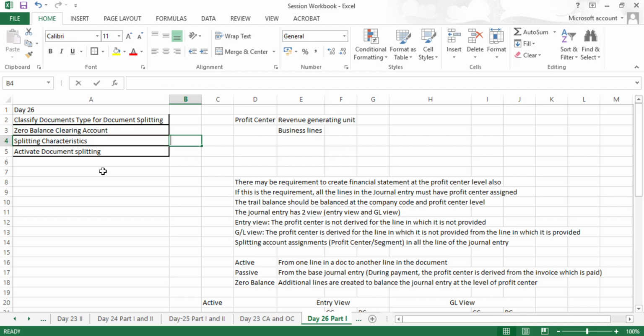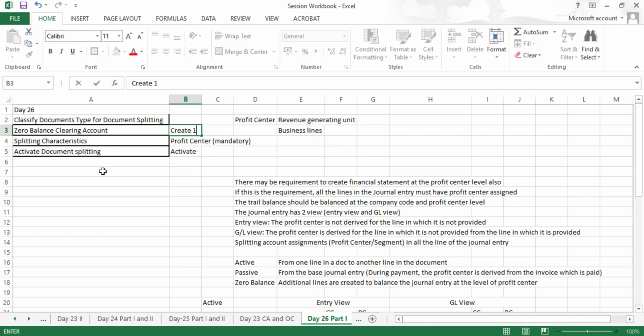In the splitting characteristics, we will set profit center, and we will make profit center mandatory for each and every journal entry, so that when we draw the trial balance, it is balanced at the profit center level as well. We will activate the document splitting.